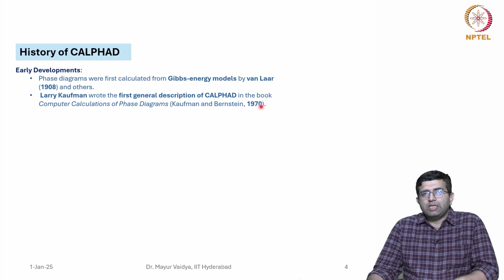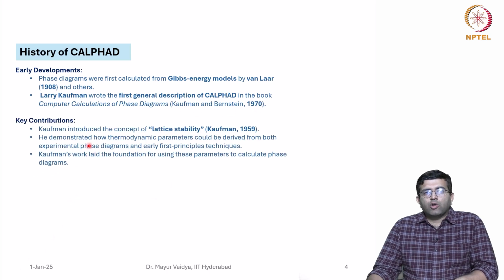That was in 1970. Kaufman also introduced the concept of lattice stability. He demonstrated how thermodynamic parameters could be derived from both experimental phase diagrams and early first principle techniques. It laid the foundation for using these parameters to calculate the phase diagrams.